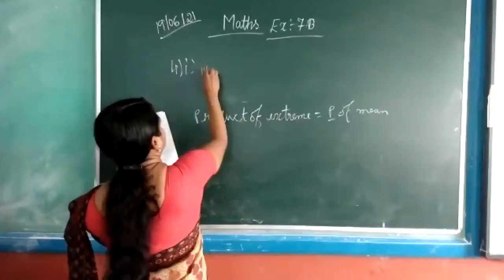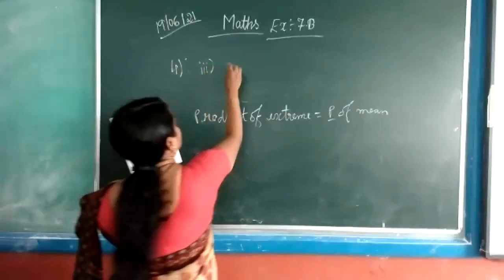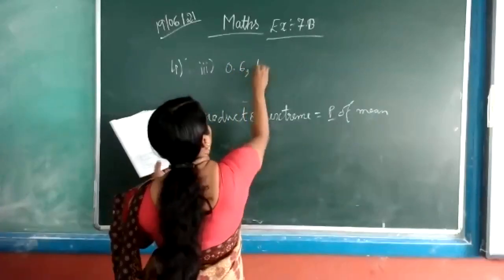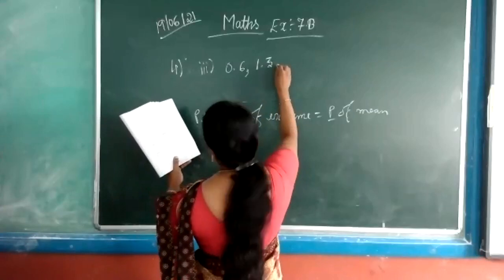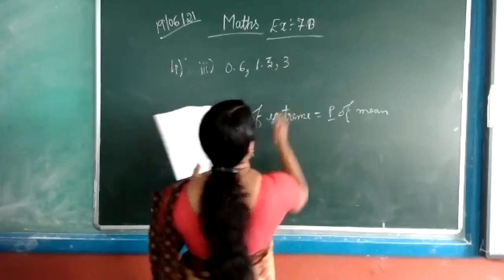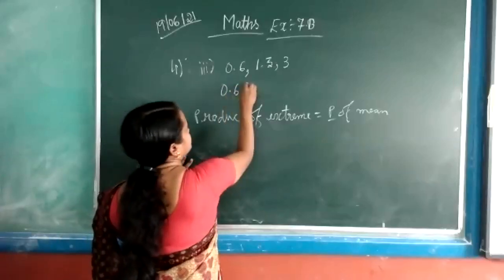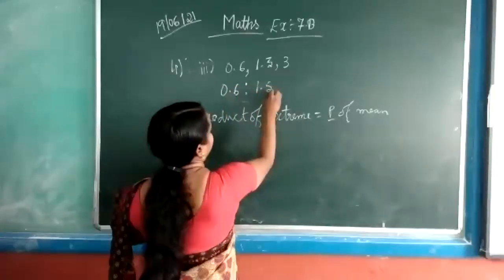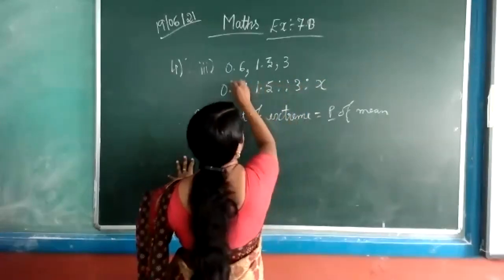Third one: 0.6, 1.5, 3. That means 0.6 is to 1.5 as 3 is to x.